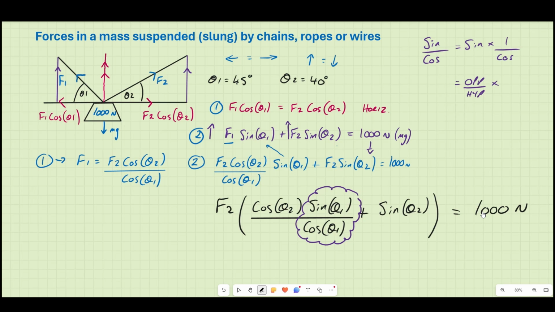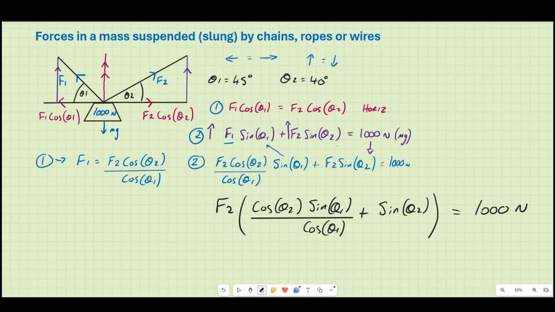So 1 over cos would be hypotenuse over adjacent. So sine over cosine is opposite over hypotenuse times hypotenuse over adjacent. The two hypotenuses cancel, and that gives us sine over cos is actually opposite over adjacent, which is tan.